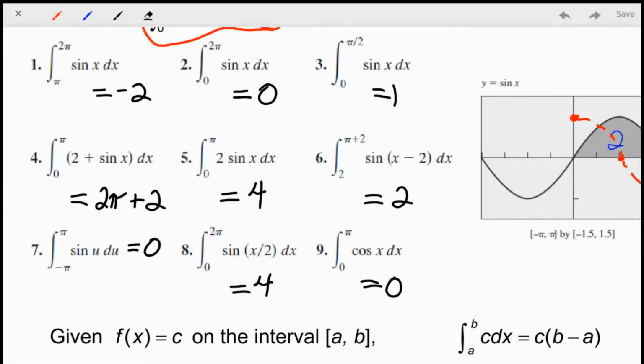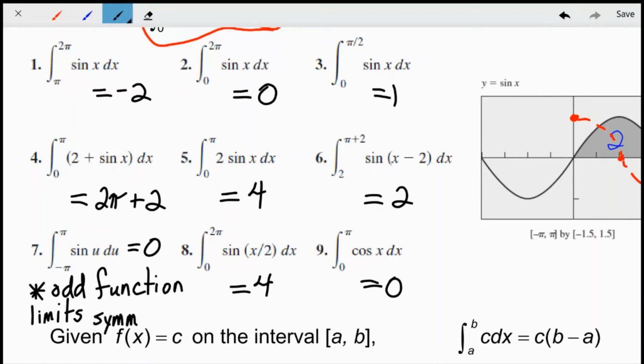But this is actually a special case because this is an odd function. And I want to talk about this one because this is something that you're going to see from time to time. Anytime you have an odd function and the limits of integration are symmetric about the origin, so I'll just say limits symmetric about origin, okay, so anytime you see this special case, you're always going to get an integral value of 0 because this is always going to happen.